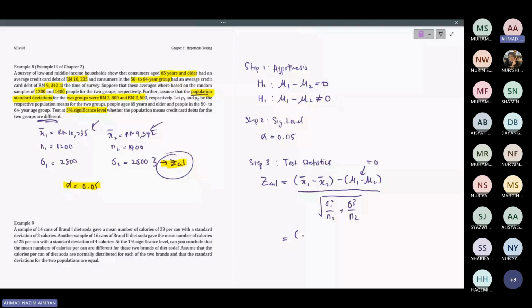So we have 10,235 minus 9,342 minus 0 over the square root of 2,800 squared, because the question just gives us the standard deviation, and in the formula you need to use the variance.